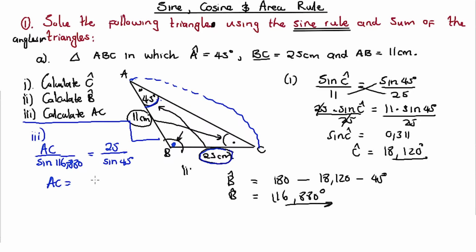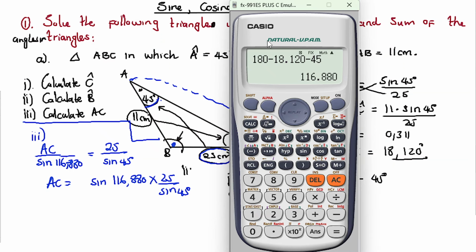Therefore AC becomes sine 116.880 multiplied by 25 over sine 45 degrees. This is after doing the cross multiplication, right?